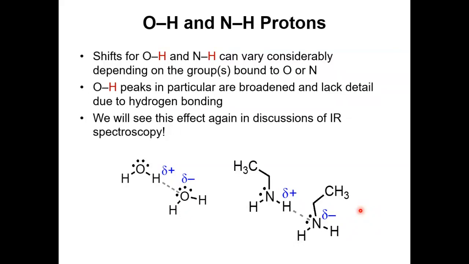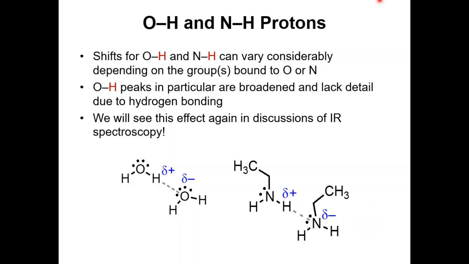And as you should recall from general chemistry, hydrogen bonds are the strongest form of intermolecular interaction. If a molecule can participate in hydrogen bonding, the environment of the group can be substantially changed, and the chemical shift value will also change a lot.